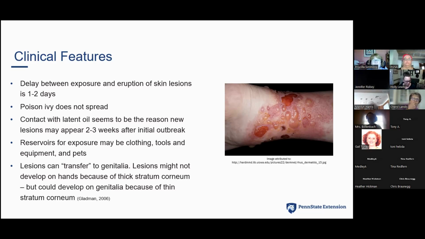The last time I had poison ivy, I got it on my arms because I turned my son's pants right side out. He had been out in the woods and the oil was on his pants. I got it up and down my arms. And then I got it later, a week or so later, on the inner aspect of my thighs.